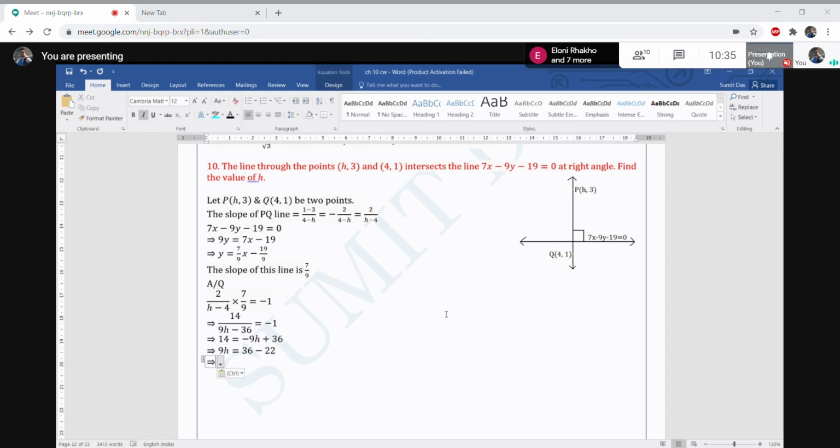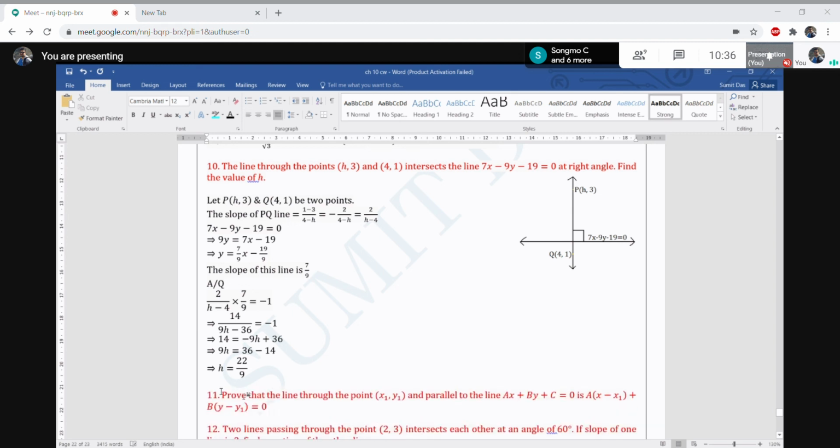So h will be 22 by 9. 36 minus 14 is 22. So the h value is 22 by 9. As simple as that. If you understand the previous chapter, this exercise will be just as simple as that.